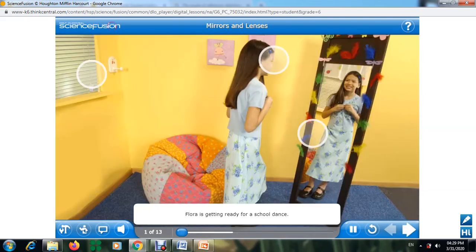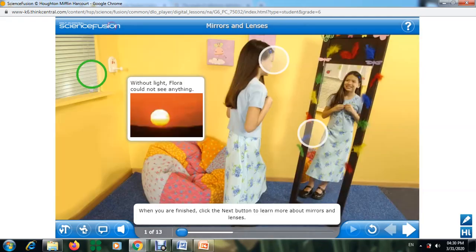Flora is getting ready for a school dance. Yesterday she went shopping to get her new dress and shoes. She also got her hair trimmed. It's almost time to leave, so she checks the mirror one more time. What does Flora see? Click the highlighted areas to learn more. When you are finished, click the next button to learn more about mirrors and lenses. It's getting late. The sun is setting.